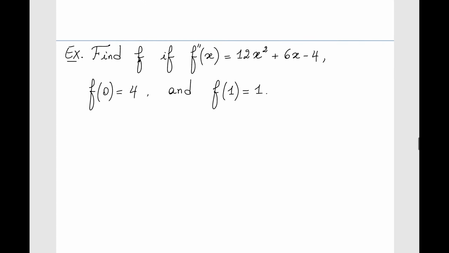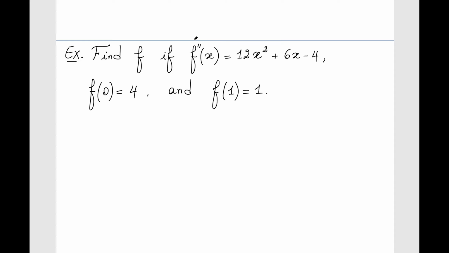Find f if f double prime of x is equal to 12x squared plus 6x minus 4. What is this again? This is an equation that involves the derivatives, in this case the second derivative of f, of a function. So this is a differential equation.